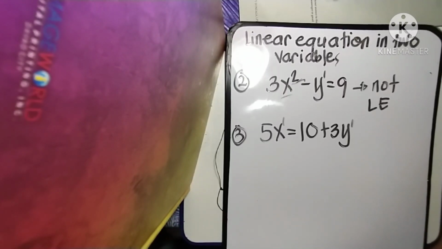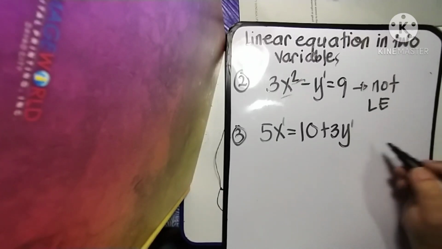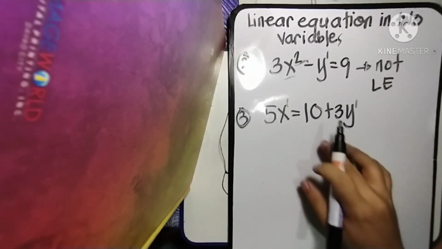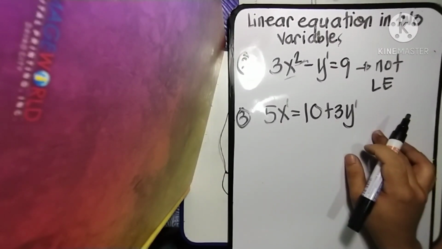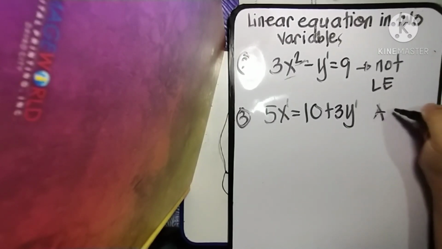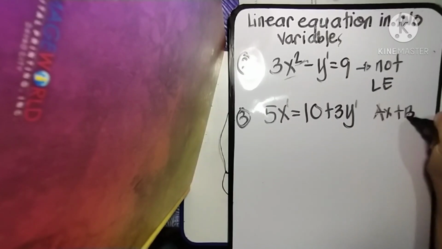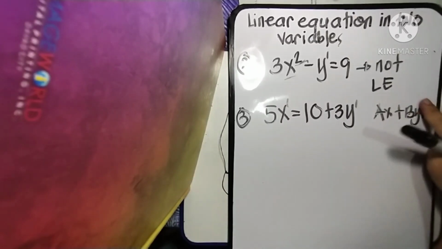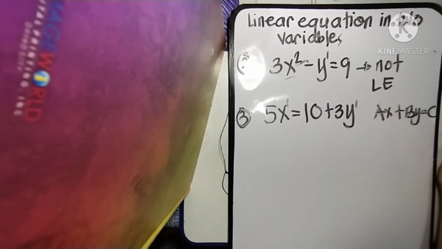So let us identify the values of a, b, and c. Okay, so before we proceed, let us rewrite this into standard form, which is ax plus by is equal to c.